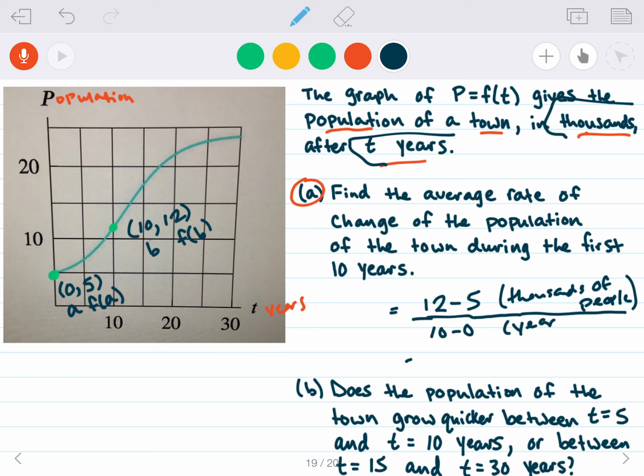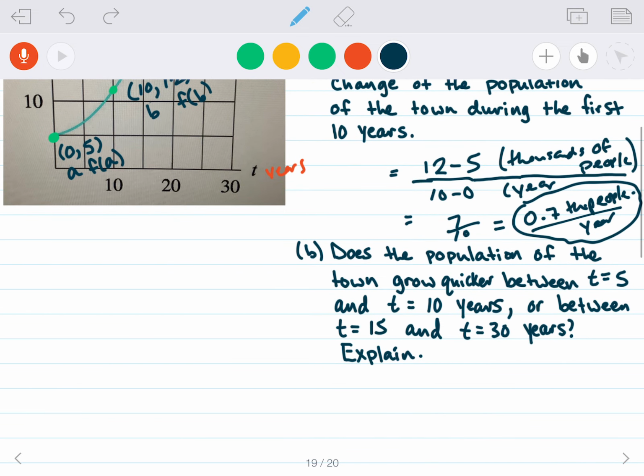So this is going to be 7,000 people per 10 years, which is going to reduce, if we just write this as a decimal, to 0.7 thousands of people per year. So that is our average rate of change between year 0 and year 10.